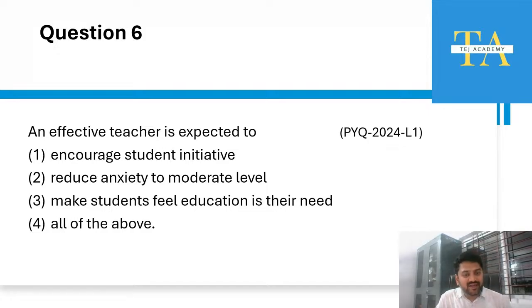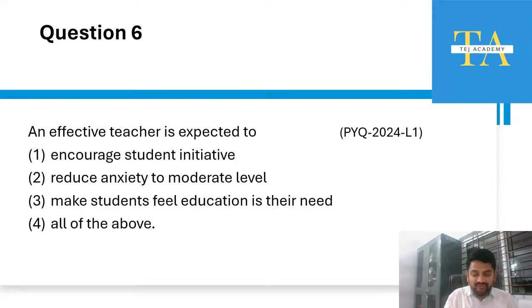Next, an effective teacher is expected to. You can see last year, two questions are there on the same thing. An effective teacher is expected to encourage student initiative, reduce anxiety to moderate level, make students feel education is their need, all of the above.